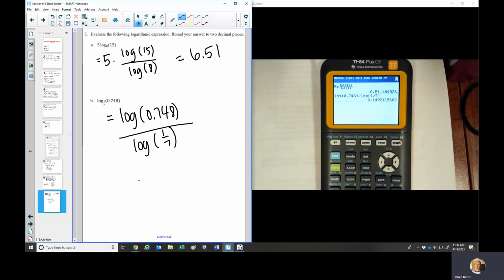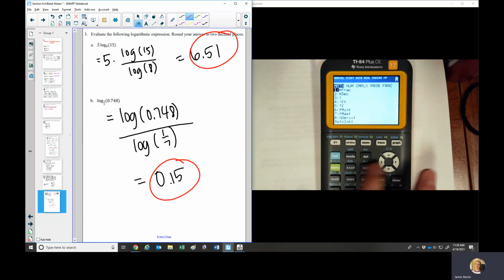And there you go. Rounding to 2 decimal places, that would be 0.15. And again, if you have the TI-84, you could just go to the math button, scroll way down where it says log base. So log base 1/7 of 0.748, same answer.